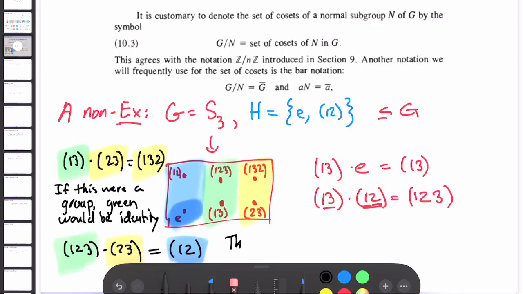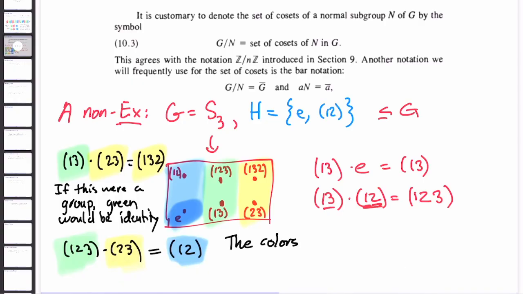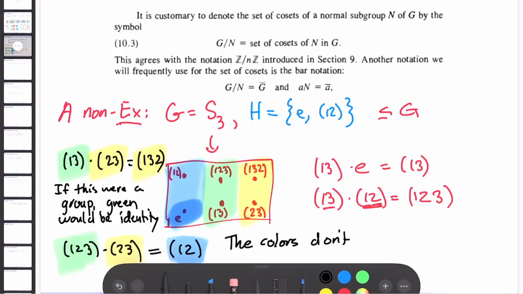So the colors don't have unique products, in the sense that, what I said before, green times yellow equals yellow and blue.